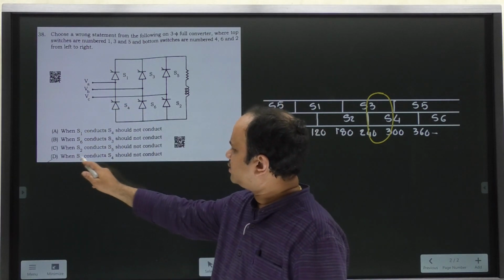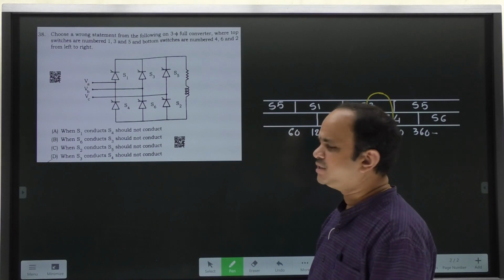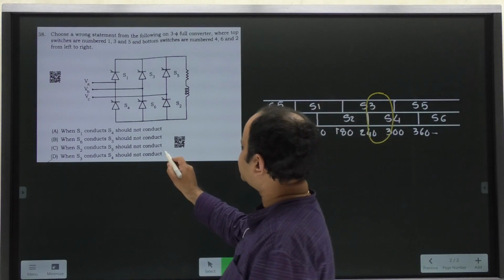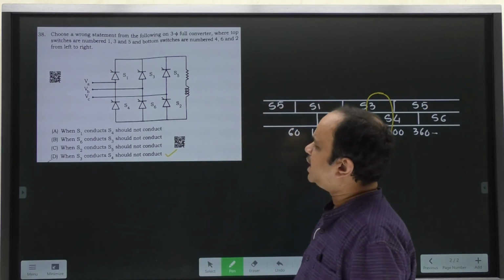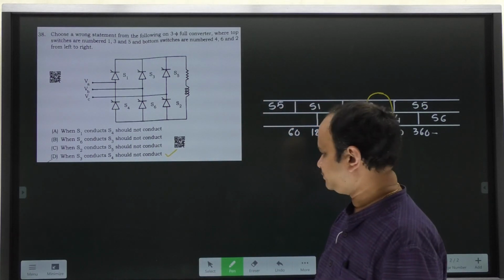Therefore, the last statement, when S3 conducts, S4 should not conduct, is a wrong statement. Hence, for this question, the answer is option D.